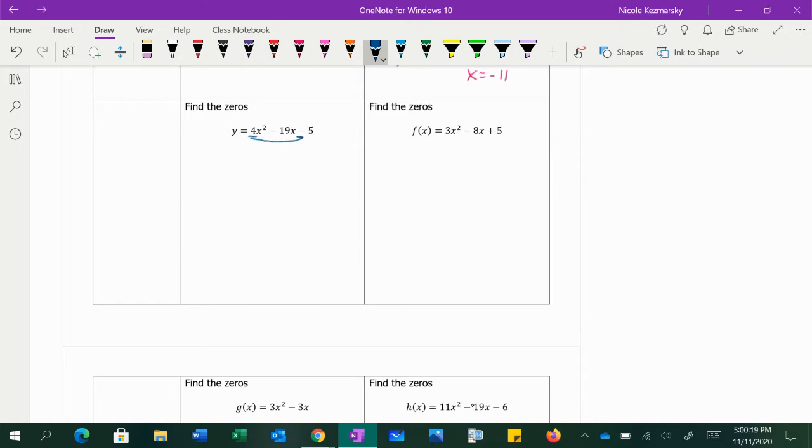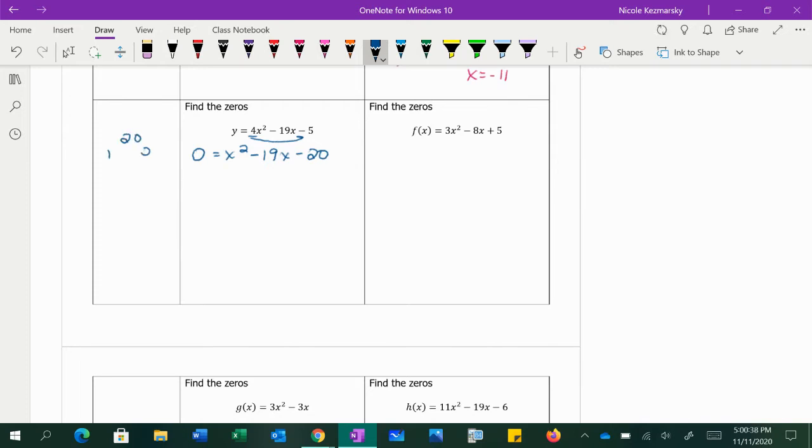So I'm going to slide the 4, and that's going to give me 0 equals x squared minus 19x minus 20. And then I'm going to do factor pairs for 20.